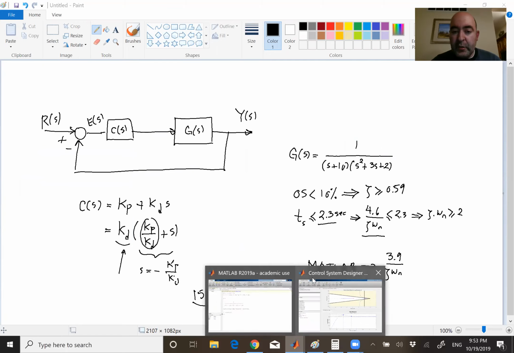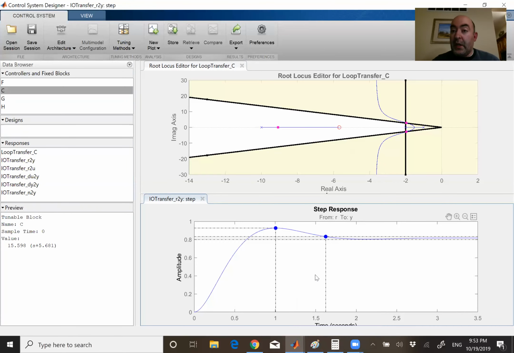So that's how we design controllers using root locus and using the SISO tool. I encourage you to repeat these steps that I did just to make sure that everything makes sense and you can do this approach. Later on, in future lectures, we will see how to do this for just a proportional controller or a PI controller as well.